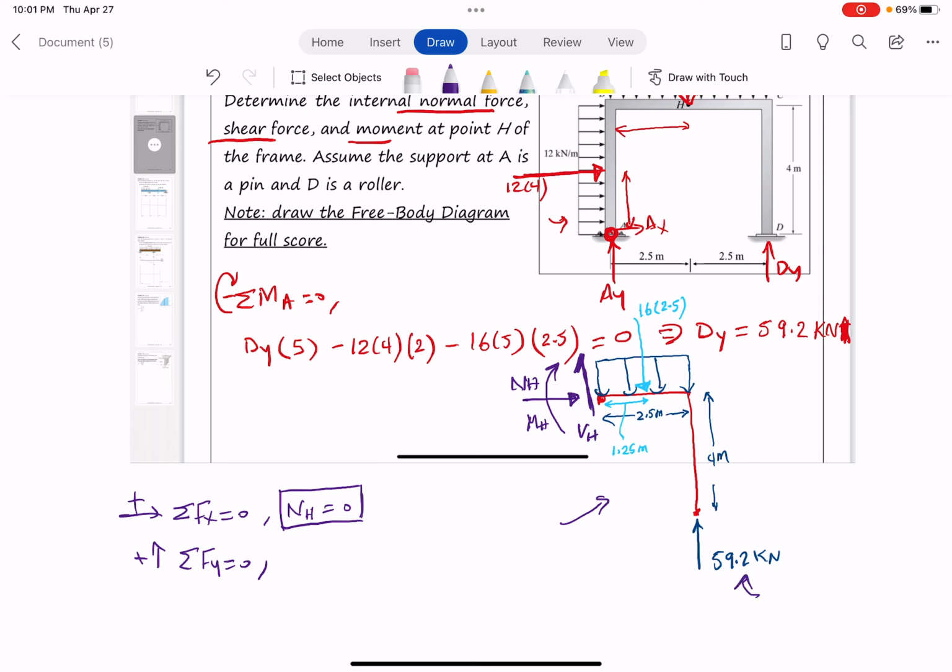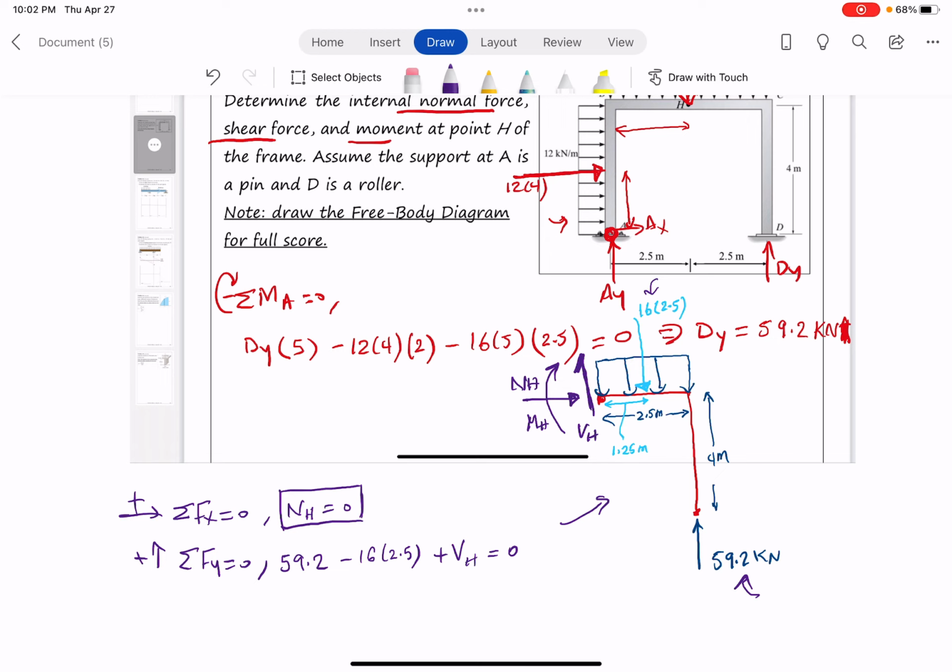We have one force here, 59.2, and one force down, 16 times 2.5, which is negative. And we have the shear force, which I'm assuming is up. There are no other forces in y.